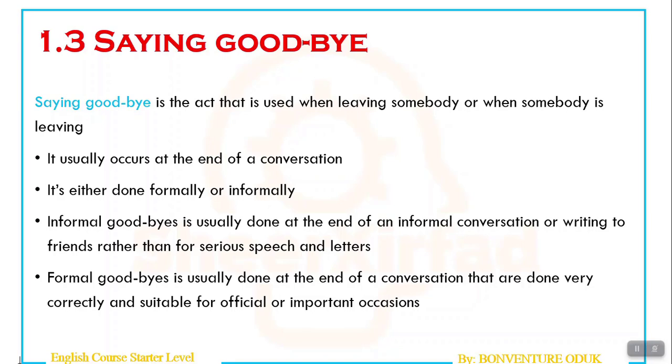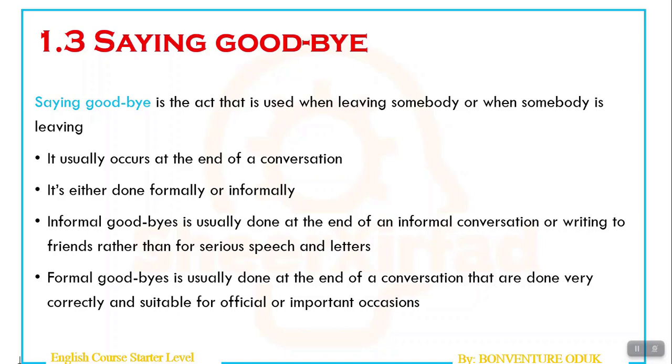Informal goodbyes are usually done at the end of an informal conversation or when writing to friends, rather than for serious speech and letters. While formal goodbyes are usually done at the end of a conversation that is done very correctly and suitable for official or important occasions.